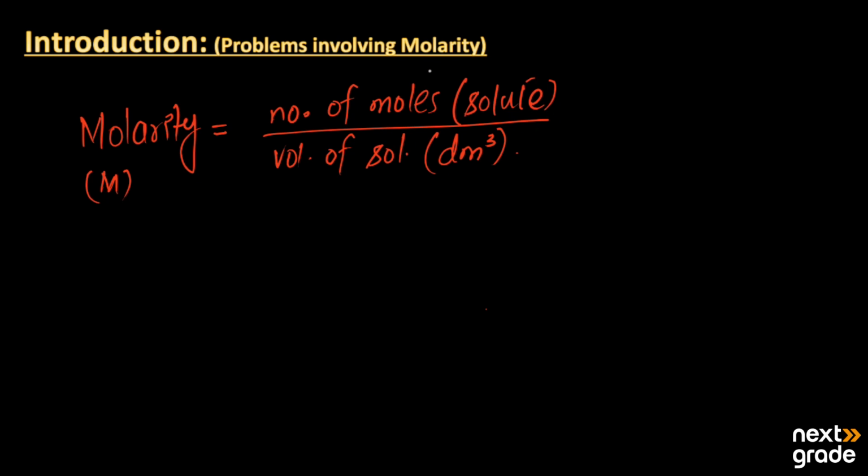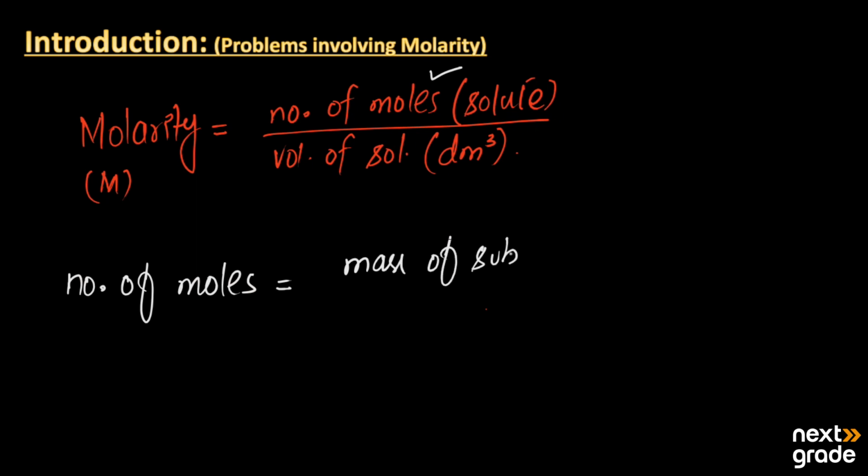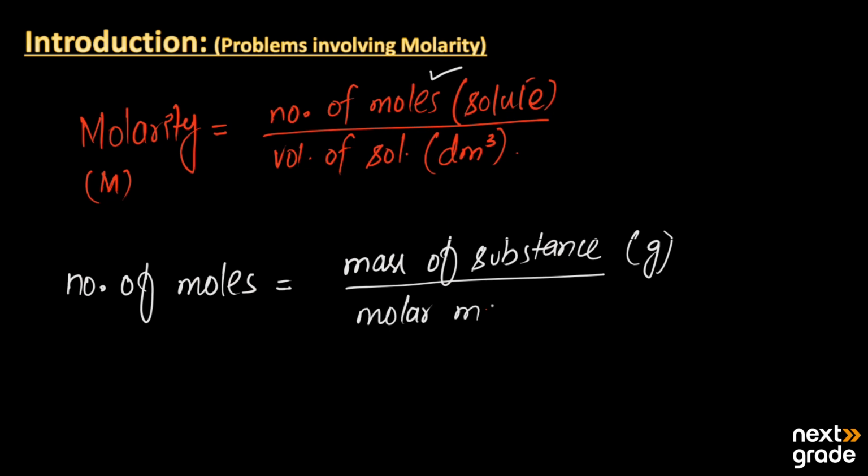But here we have the number of moles. How can we find the number of moles? The formula for the number of moles is the mass of substance, which must be in grams, divided by molar mass. Now how can we find the molar mass?